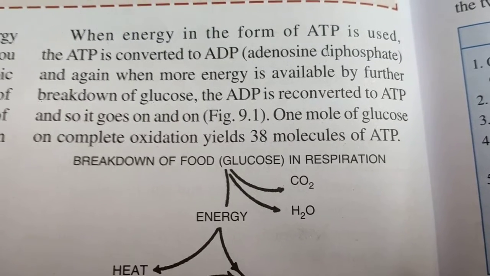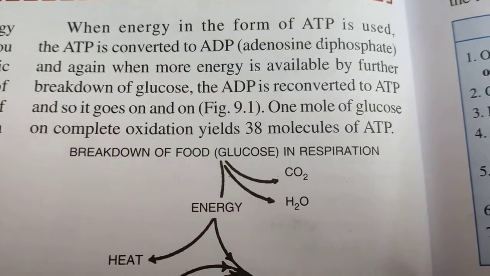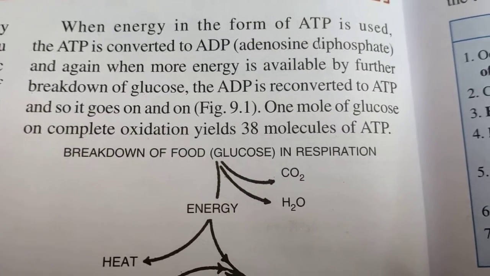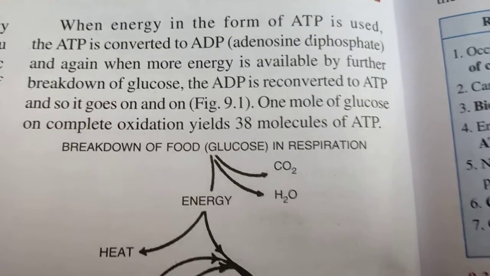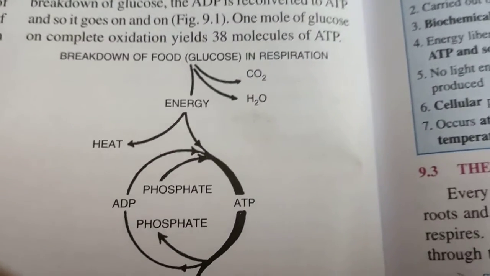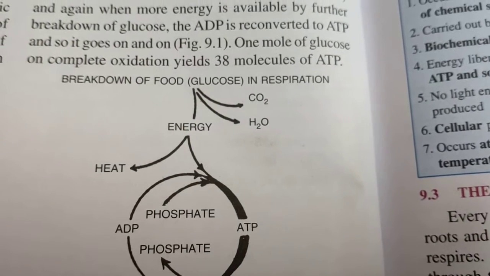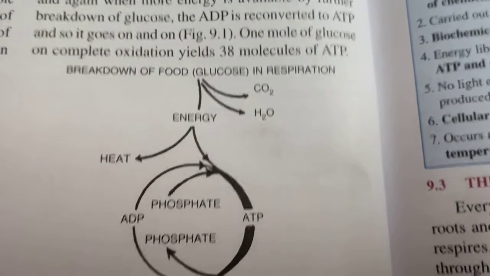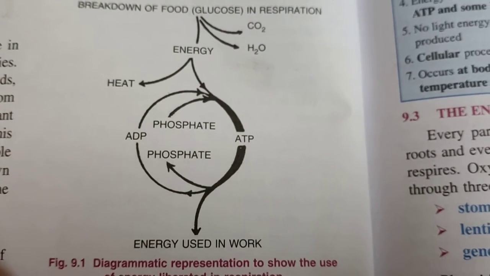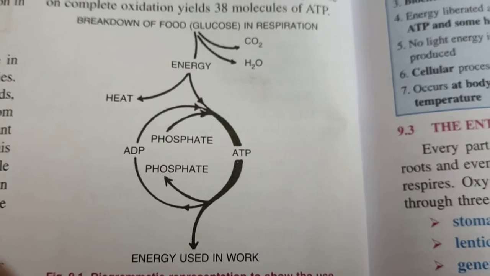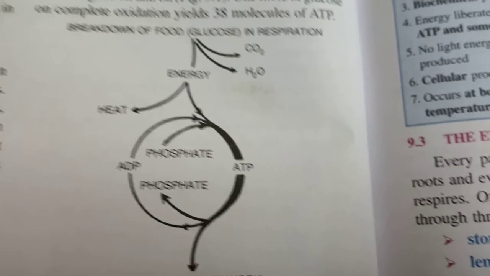Again, when required, ADP is reconverted to ATP. Like this, the cycle goes on. And one thing you have to remember, 1 mole of glucose yields 38 molecules of ATP on complete oxidation. Mind it, on complete oxidation. Clear? So this is the diagram which represents the energy which is liberated and the cycle of ATP and ADP.